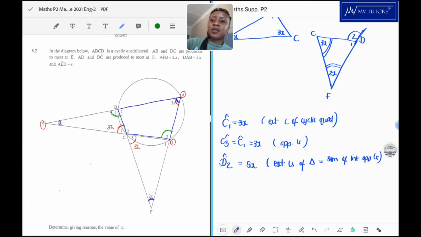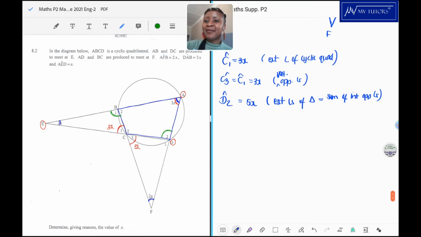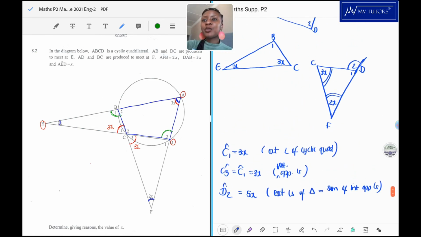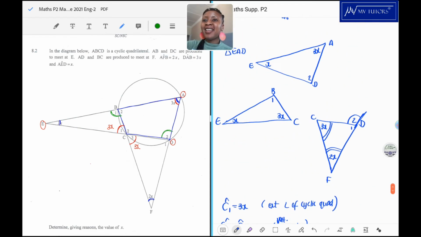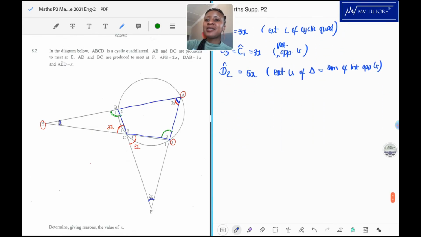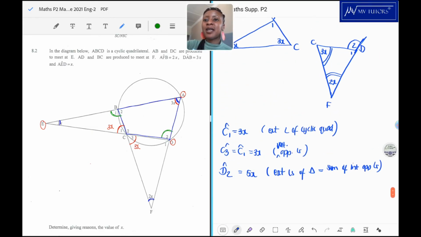Yeah, I think this is vertically opposite. Alrighty, and then if I have D2, okay, so if I have D2, going back to my triangle, yes, okay, let me just copy it just to save time.